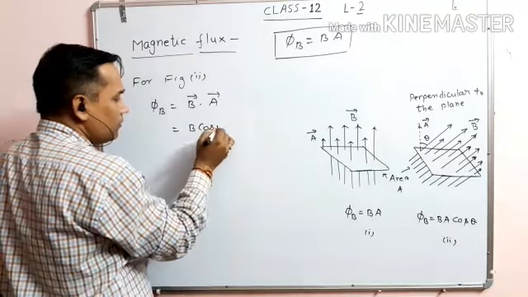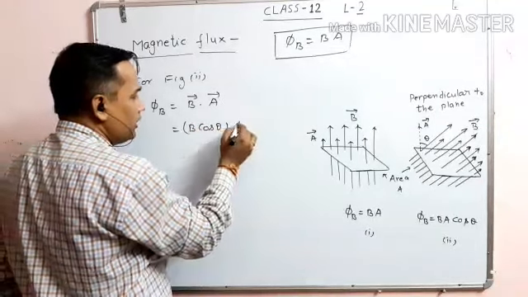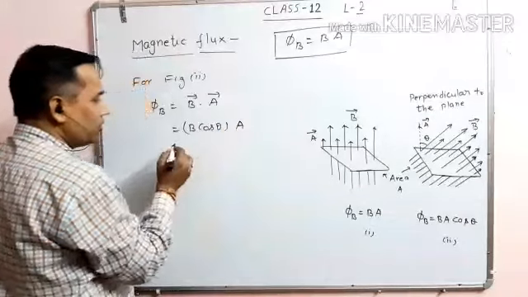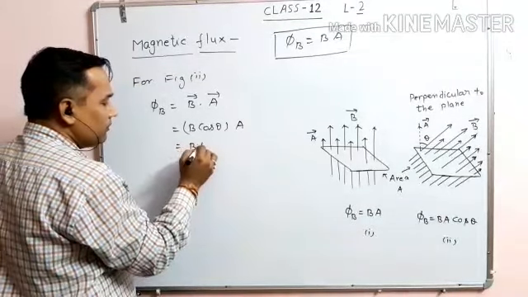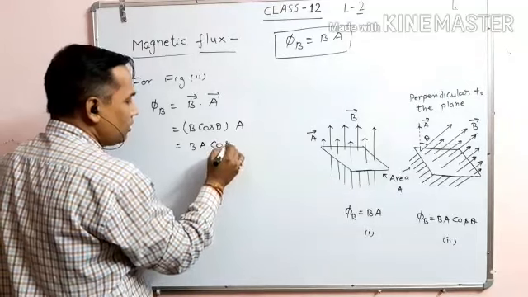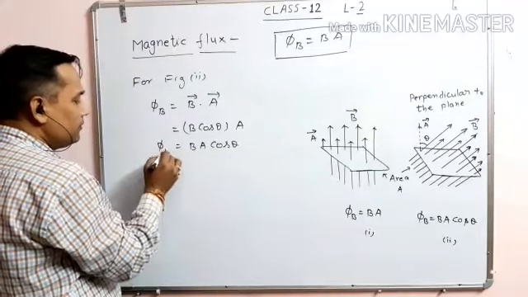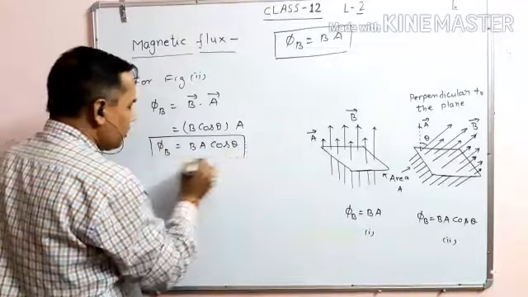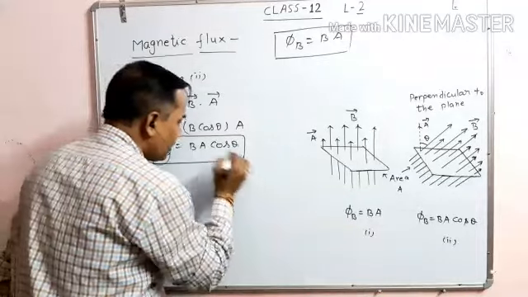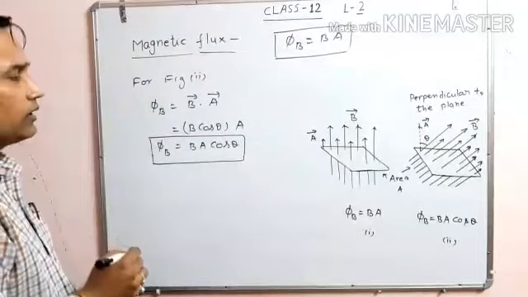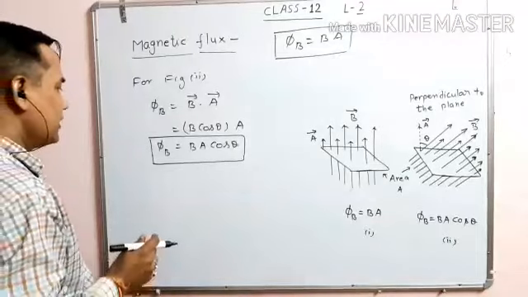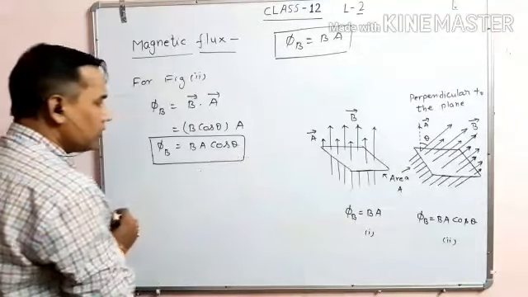So B cos theta is perpendicular to A. So this becomes BA cos theta. So flux becomes BA cos theta when the lines of force are inclined with the normal by theta degree. So phi b becomes BA cos theta.